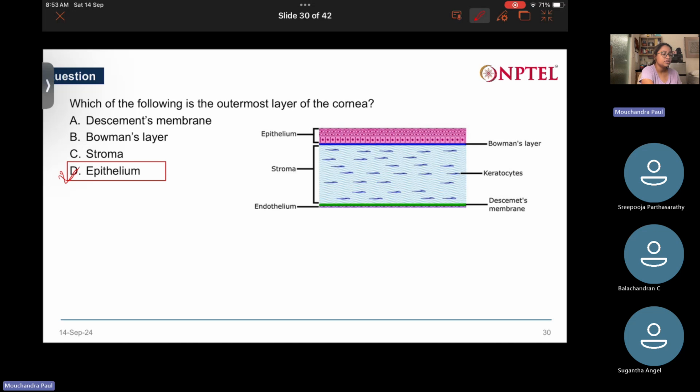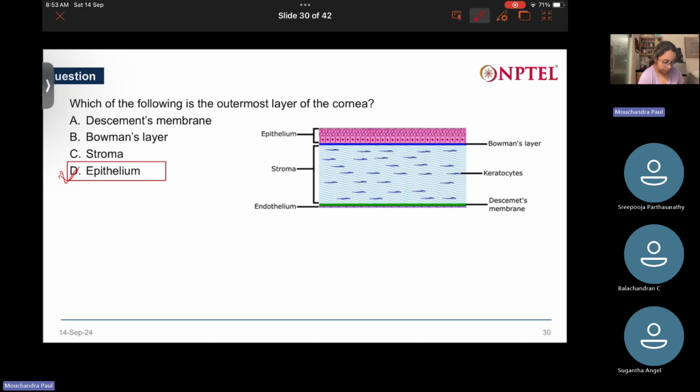Let me show you. So this is the diagram that shows the layering of the corneal region. The eye has the cornea, which is the most essential part through which light comes through and we can see. Right behind the cornea, there is the iris and pupil, and there is the lens.